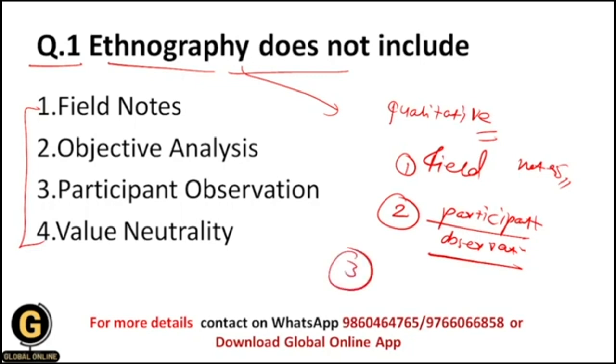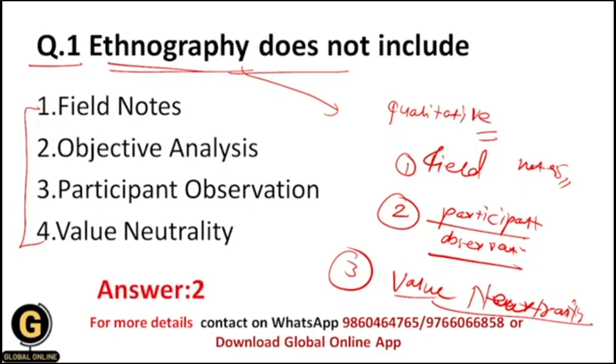The third is value neutrality. We use value neutrality in data collection in ethnography. That's why the correct answer to this question is the second, that is objective analysis, because there is nothing like objective analysis in ethnography.